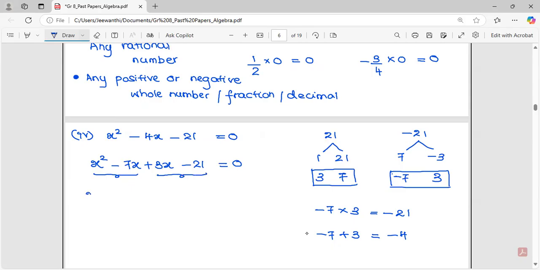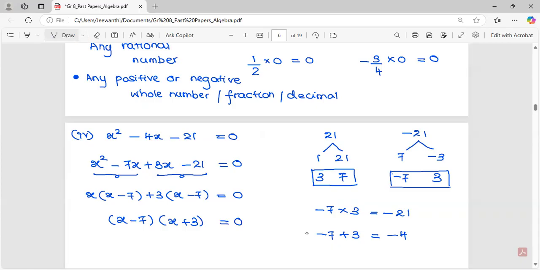Here I take x out and then x minus 7, and here positive 3 out, x minus 7 equal to 0. Then I can write x minus 7 and x plus 3 equal to 0.